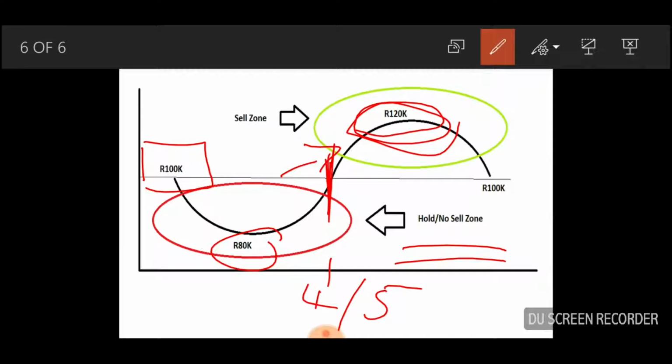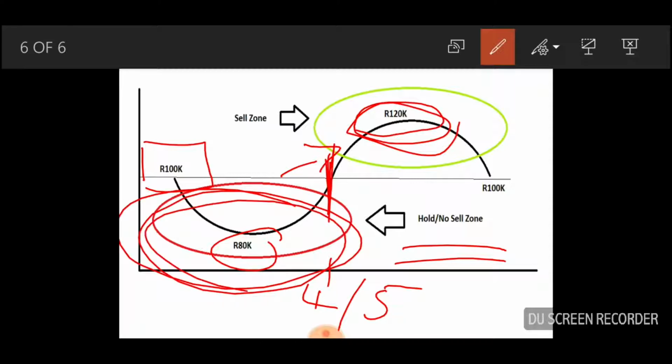So we need to be very careful of what our instincts tell us as a first reaction, and be very conscious of where the sell zones and the hold zones are, as you obviously don't want to sell when we're in this area here, because if we sell there, you realize the loss, and at the end of the day, that's not what we want to achieve.